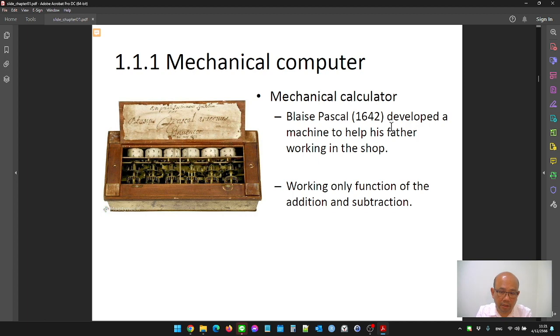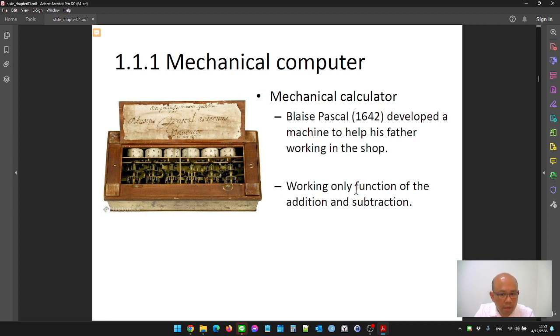Here this is a ratio of 1 to 10. After that, Pascal in 1642 developed the mechanical computer. Here this represents the first digits, tens, hundreds, thousands, 10,000s, and 100,000s. Inside here, this is a gear ratio.